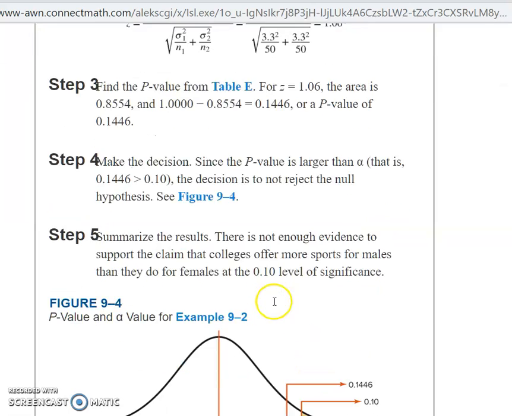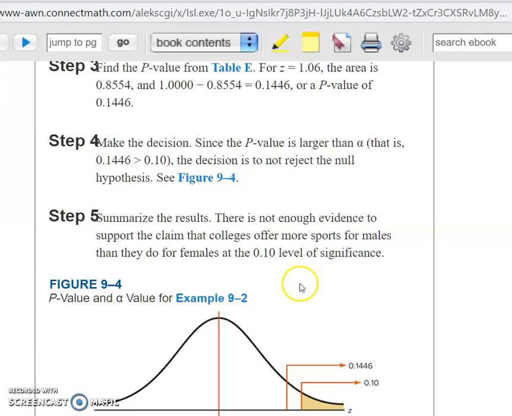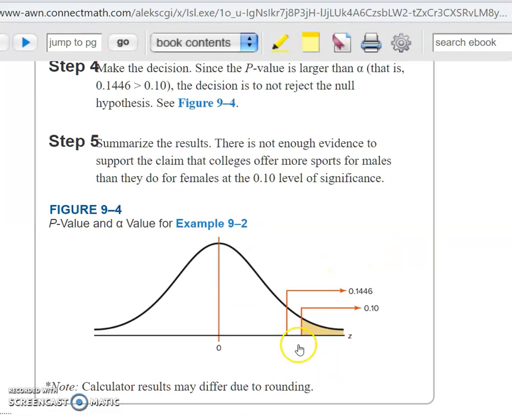He doesn't have it labeled here, but that's this area right here. The probability of getting a z value of 1.06 or more, going this way, is 0.1446. So in other words, it's 14 point something percent.